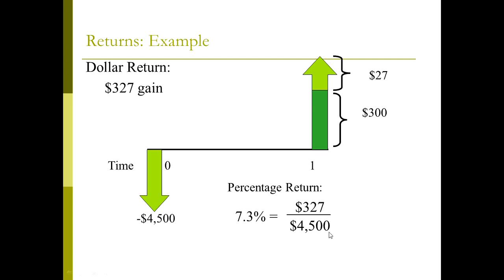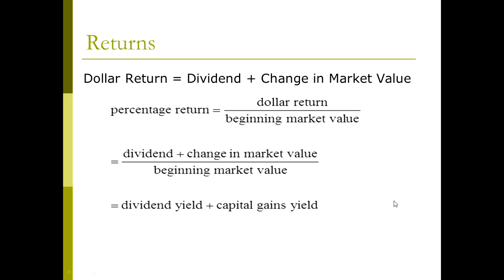So the total percentage return, 7.3%. Okay. So the dollar return equals the dividends plus the change in the market value, and the percentage return will be the sum of the dividend yield plus capital gain yields.